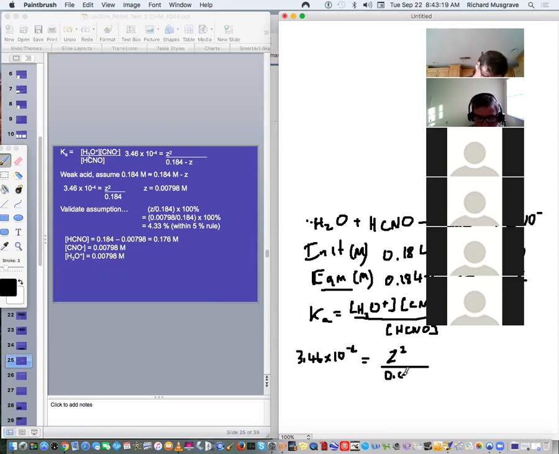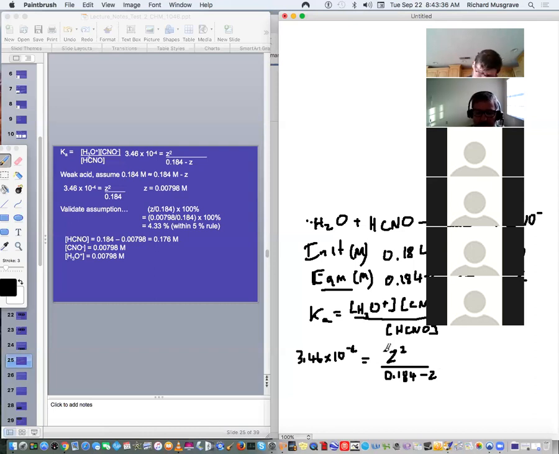Now, if you look carefully at that, you can see that you could actually solve for Z if you were willing to do the quadratic equation.